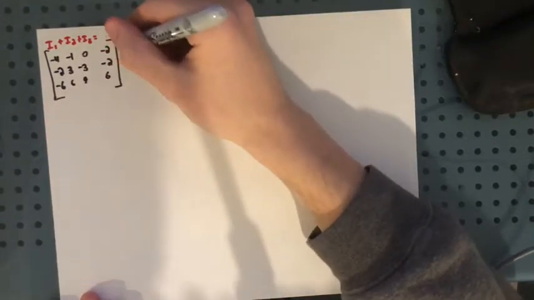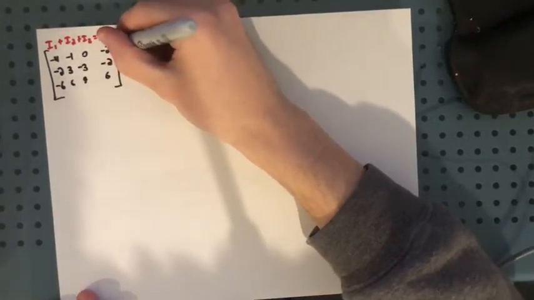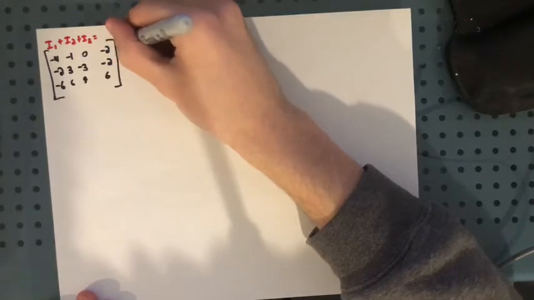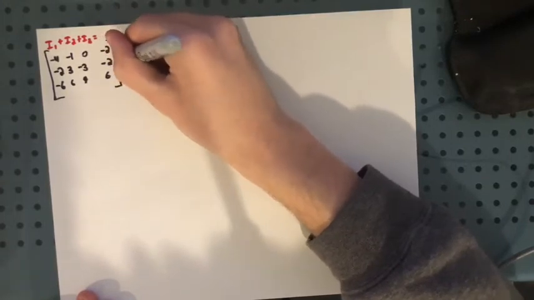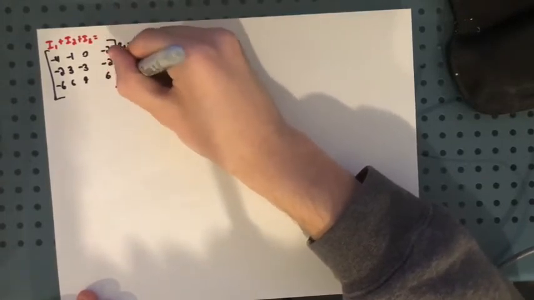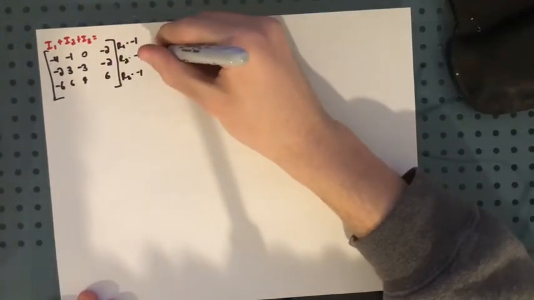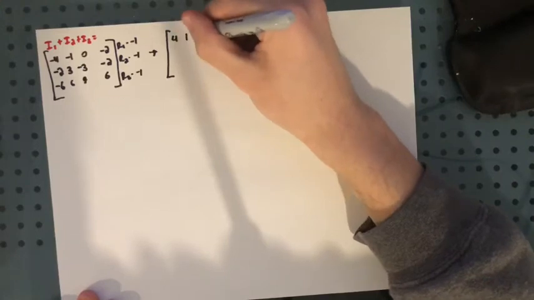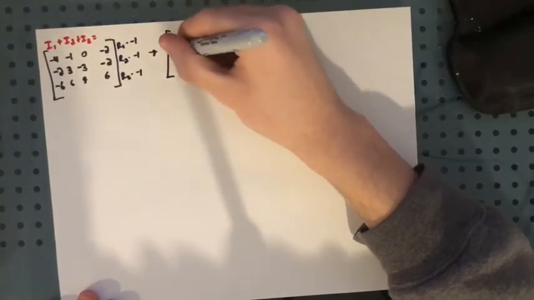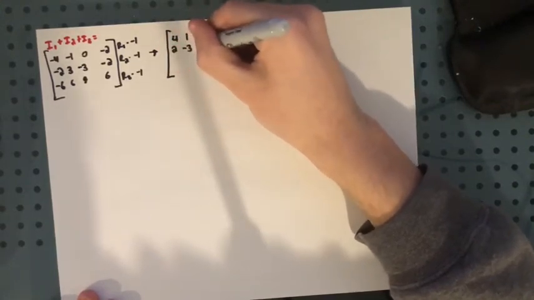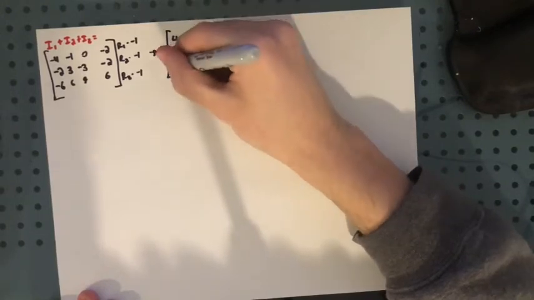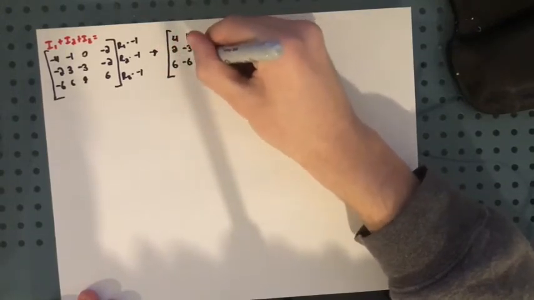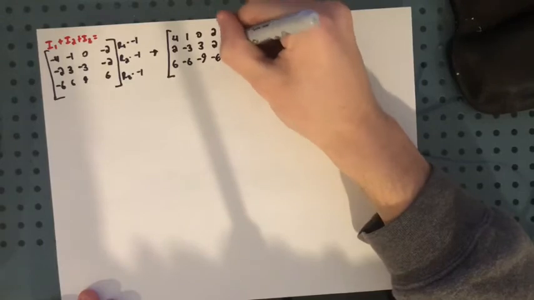So first thing I'm going to do right now, just to make it a little cleaner, is multiply each row by negative 1. So row 1 times negative 1, row 2 times negative 1, and then row 3 times negative 1. And that is going to give us the matrix 4, 1, 0, 2, 2, negative 3, 3, 2, 6, negative 6, negative 9, negative 6.